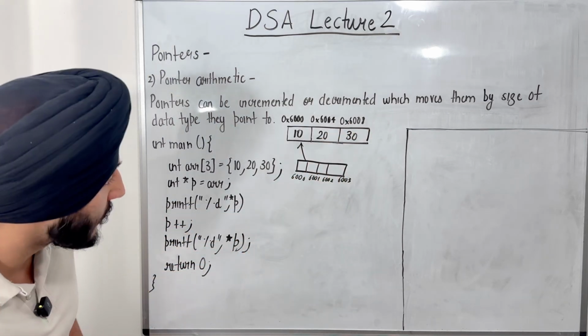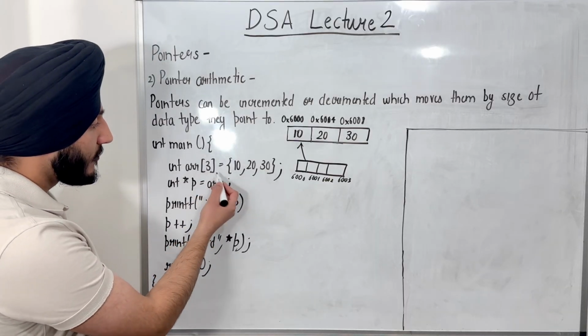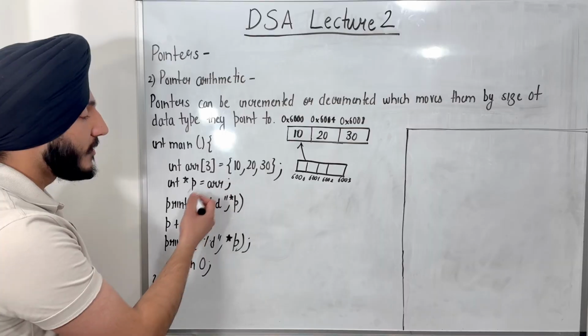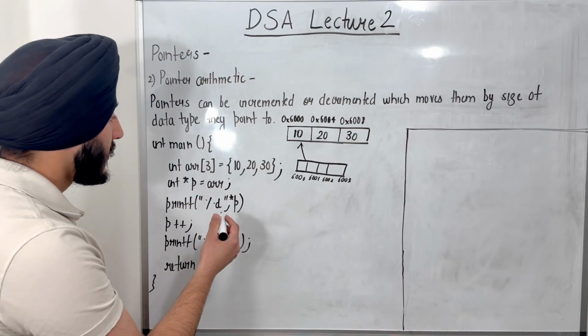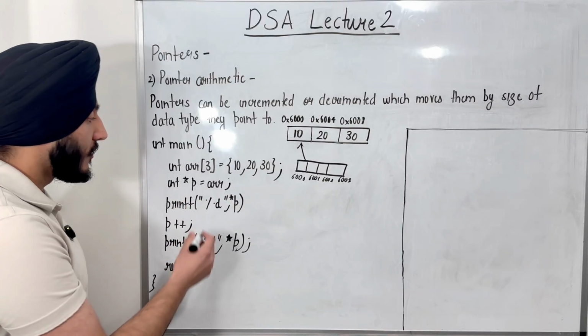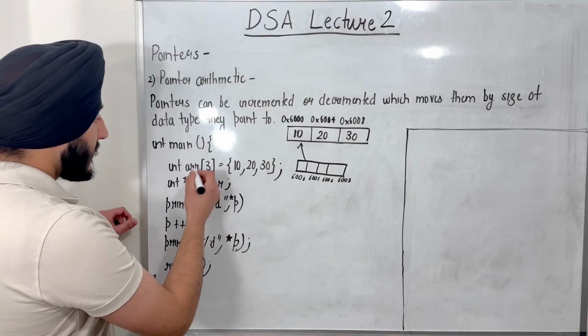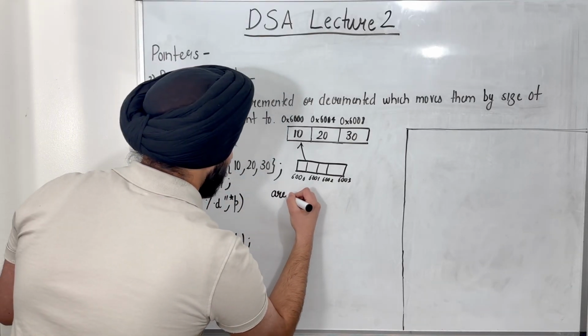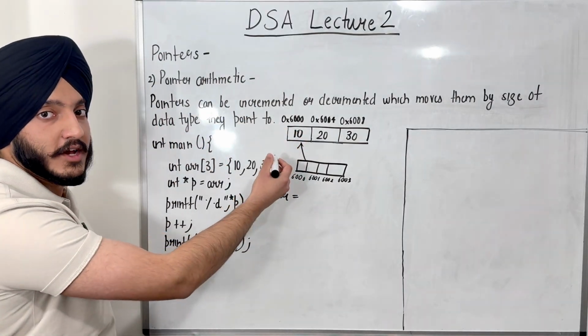Okay, let's try to understand what's exactly happening. So I create this integer array of three integers, which means in total I would need 4 into 3, 12 bytes. I create a pointer, int star p equal ARR. So let's try to understand what happens when I do this. The value ARR is actually the address of the first value inside our array.